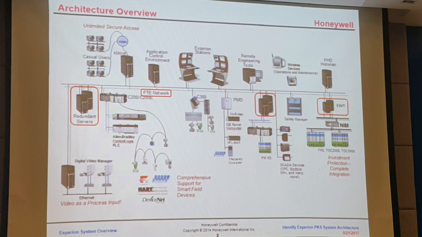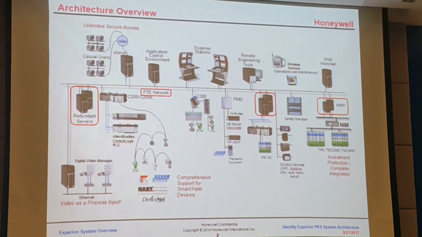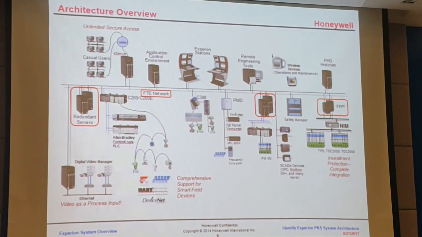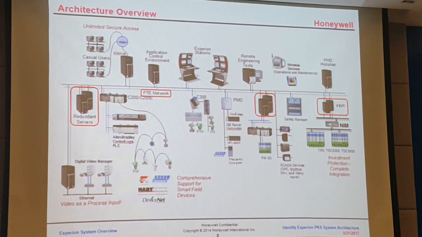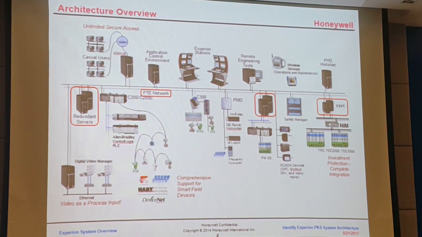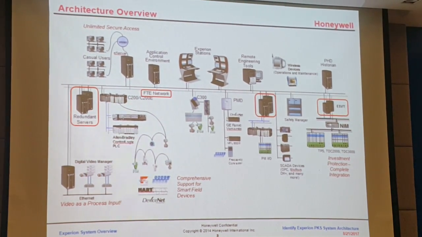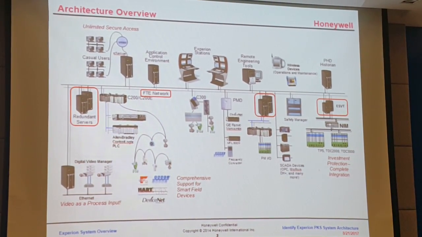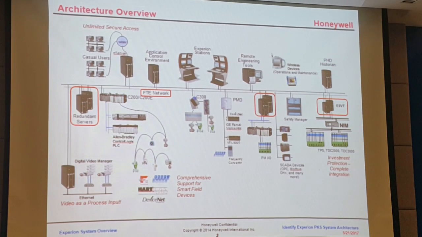server in this diagram. This server is used for a specific purpose. In addition to being a fully functional experience server, it has an LCN connection. LCN means local control network. It's the control network of TPS. So this is a TPS controller.